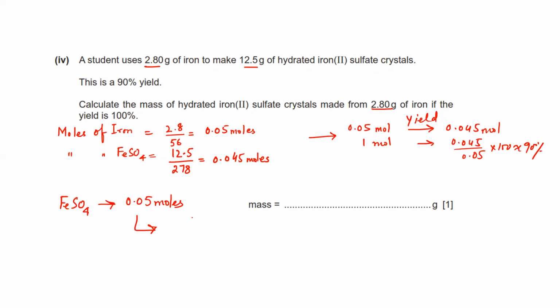So 278 multiplied by 0.05, this will give you 13.9 grams, and that will be the mass of the iron sulfate crystals if the yield is 100%.